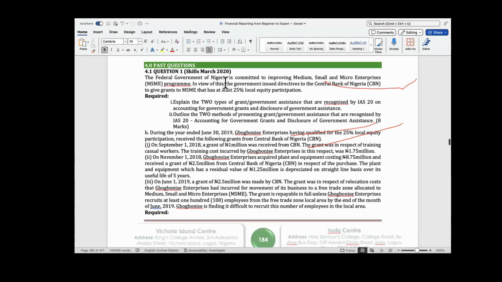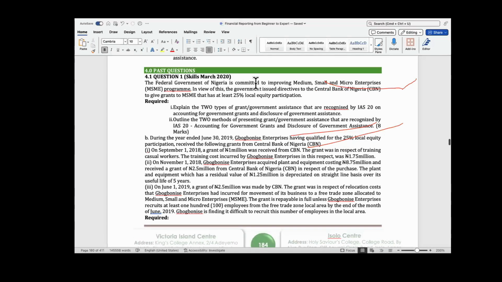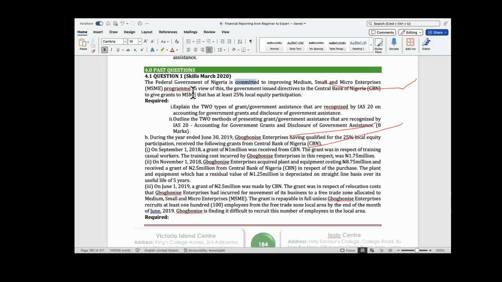Okay, so the federal government of Nigeria is committed to improving medium, small, and micro enterprises program. In view of this, the government issued directives to the Central Bank of Nigeria to give grants to MSMEs that have at least 25% local equity participation.